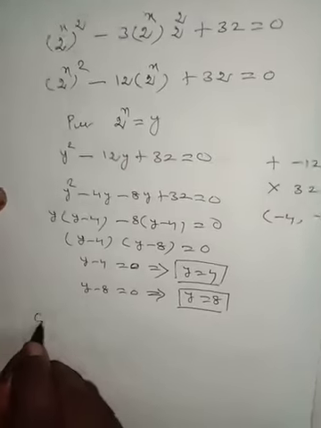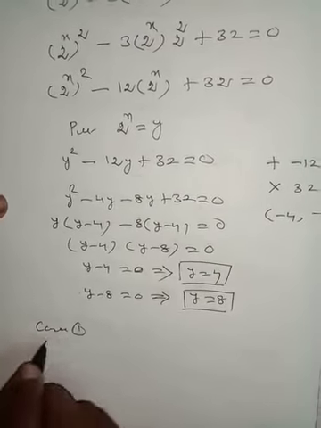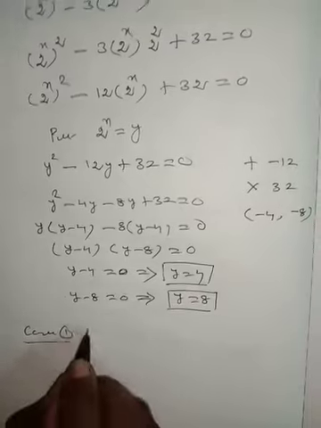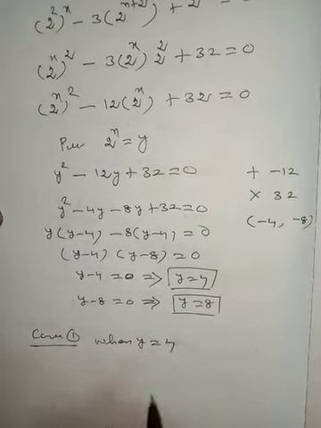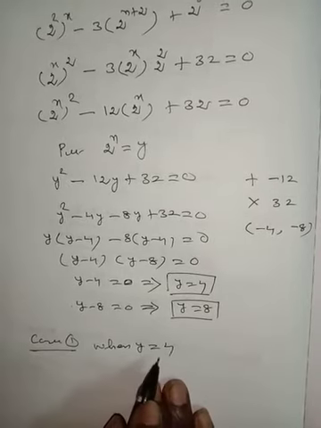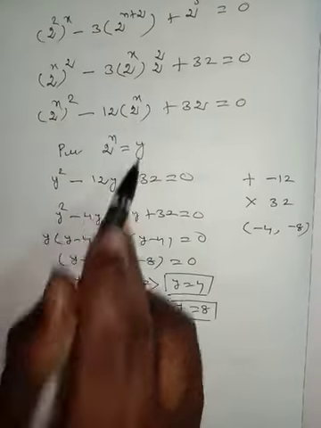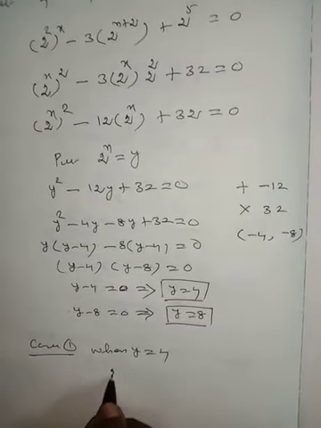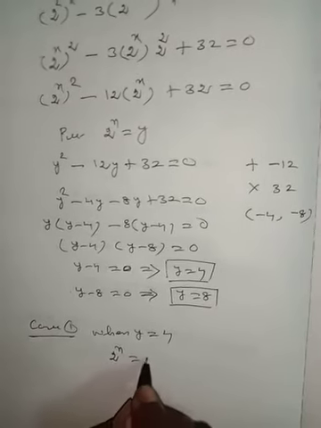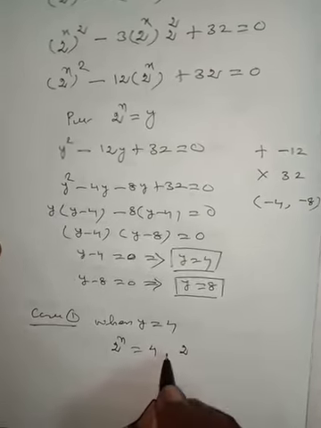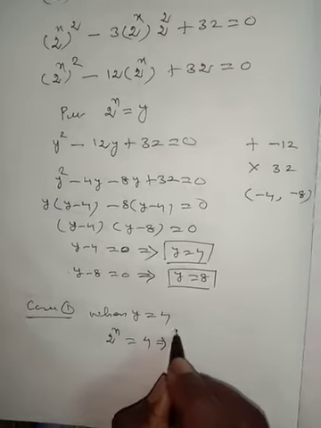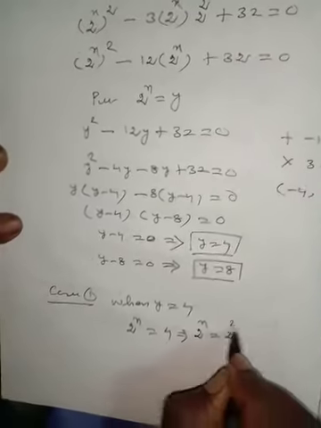Case number 1. When y is equal to 4, 2 to the power of x is equal to y, so 2 to the power of x is equal to 4. This can be written as 2 to the power of x is equal to 2 square.